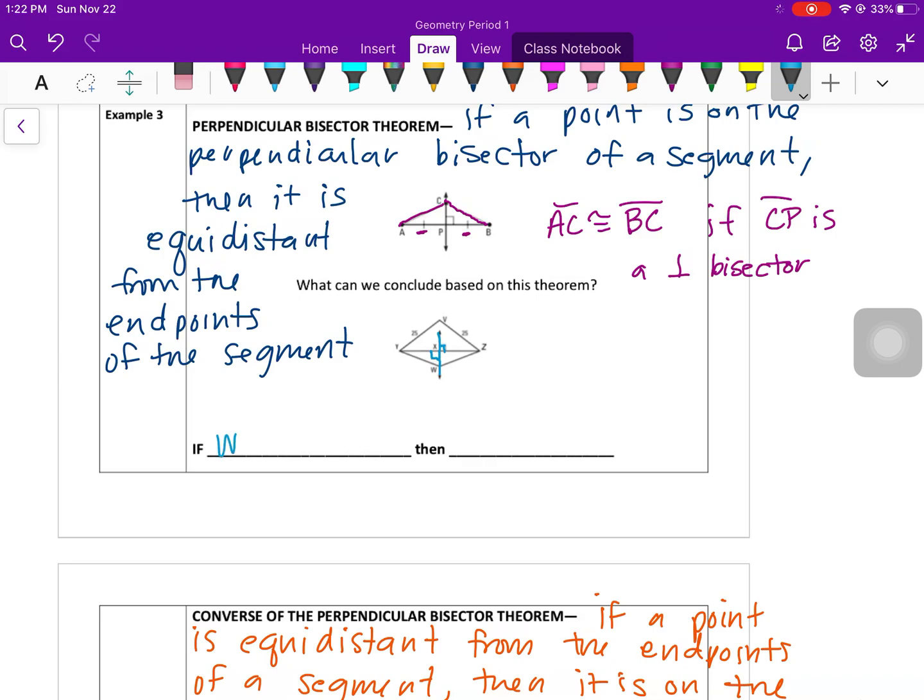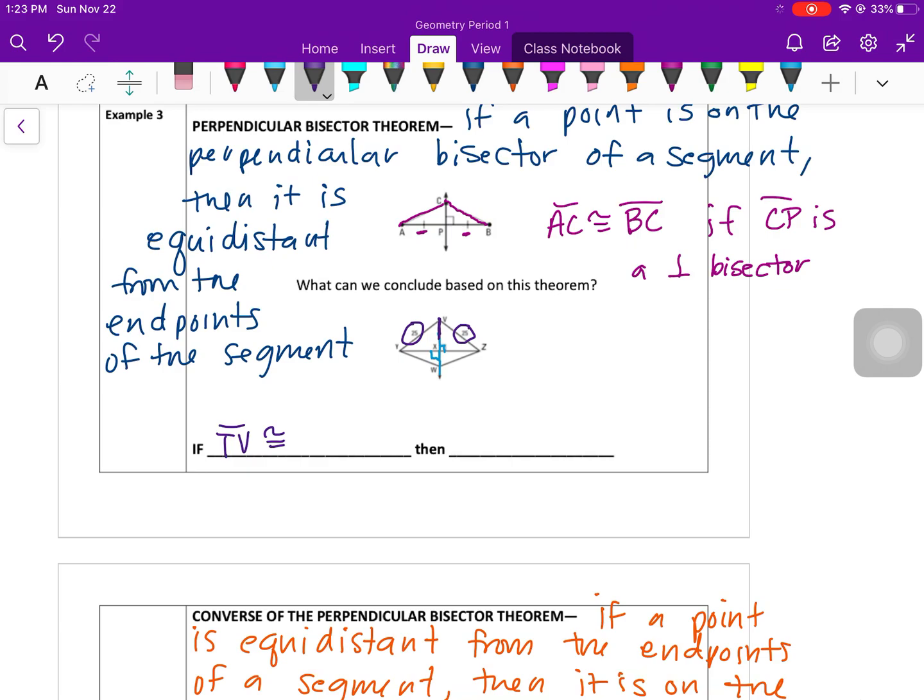So if WX, I'm sorry, let me go back. If, yeah, no, I was right. If, let me extend this. Since TV is congruent, they're both 25 degrees.